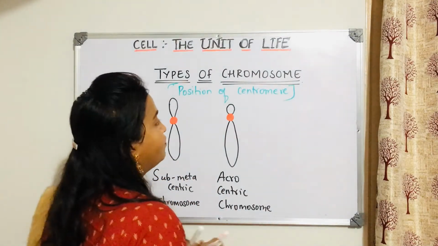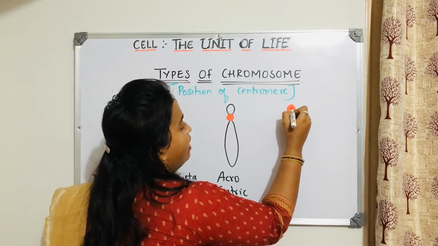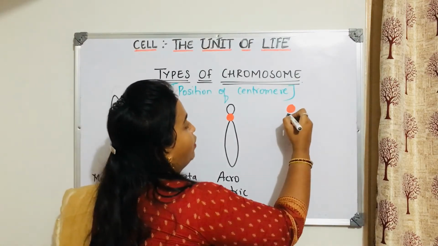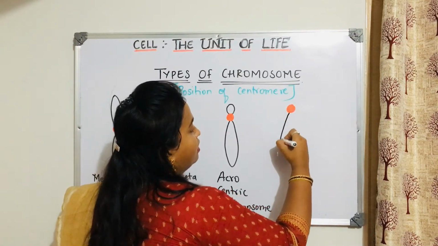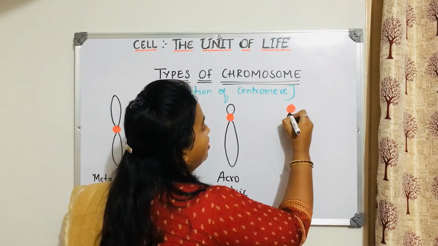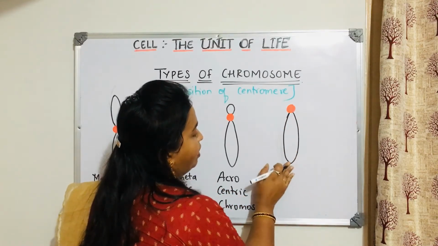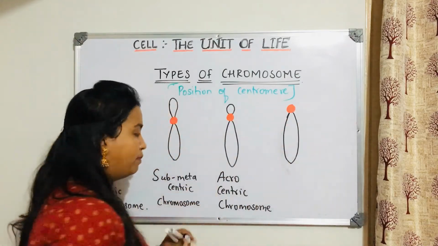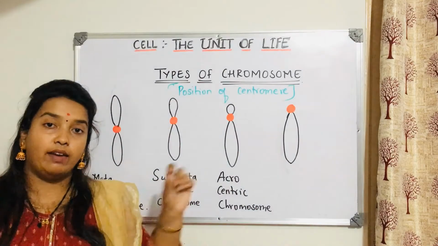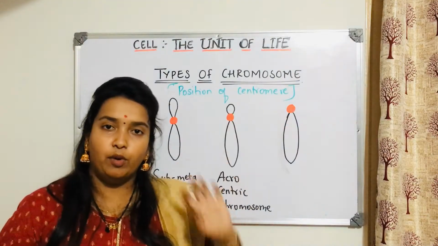Then finally, the last one. In some of the organisms, you will find this type of structure also, wherein centromere is on the top, and you will not be able to see that P arm here. Only you will be able to see this Q. The centromere is completely towards the end. Which end? The end of the chromosome is called telomere, no? The centromere is found in the telomere region here.